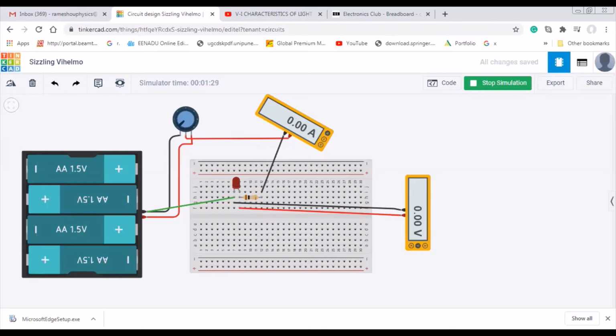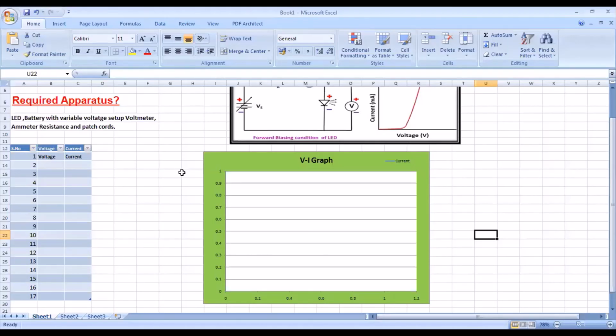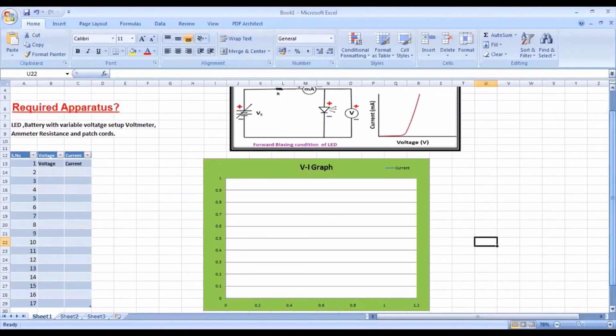For this, I use a particular table. See here, this is the Excel sheet we use to tabulate the values.